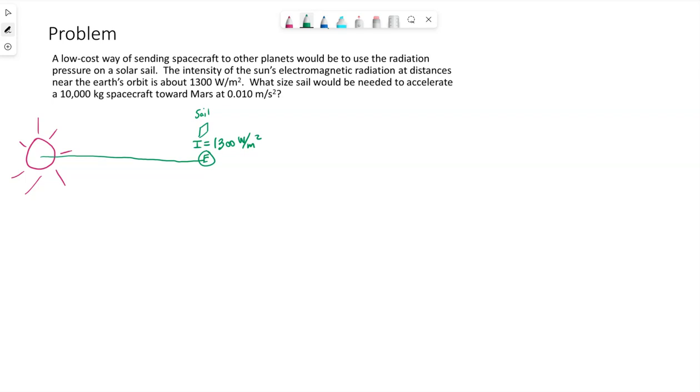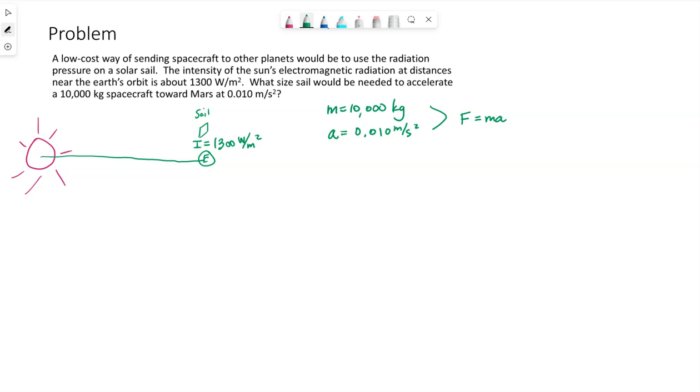What size sail would be needed to accelerate? So we have a 10,000 kilogram spacecraft. We're wanting to accelerate it at even just this small acceleration of 0.01 meters per second squared. Well, mass times acceleration, hopefully this brings back Newton's law.